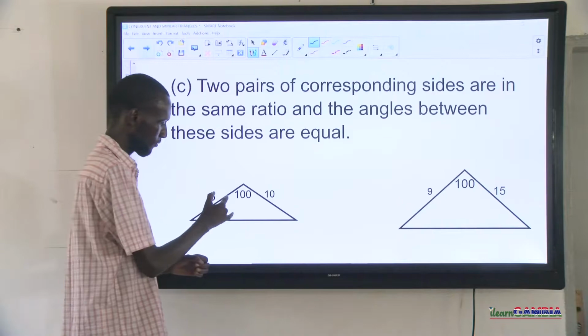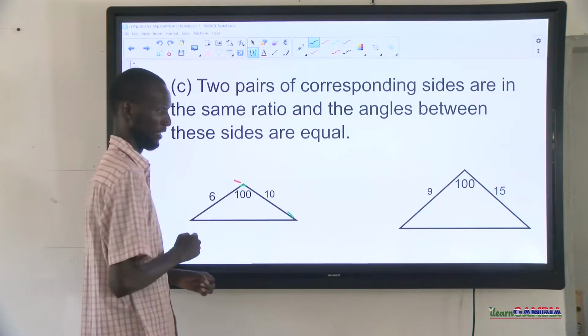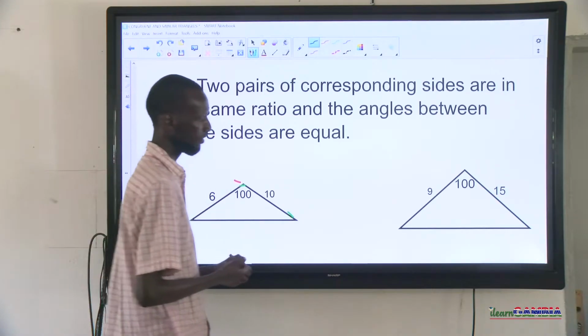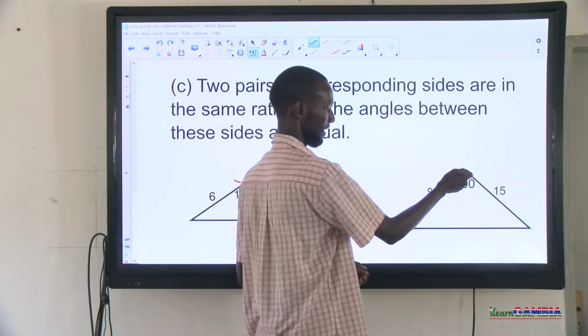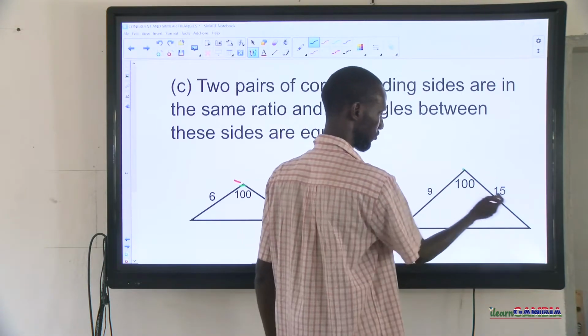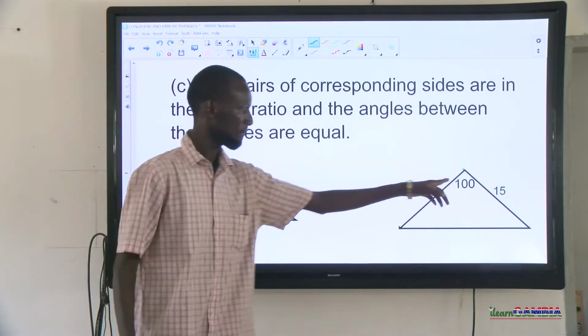Now, let's compare these 2 triangles here. This side here is 6 centimeters, this is 10, all right? And the angle between those 2 sides is 100 degrees. Then the second triangle, this side here is 9 centimeters, the second side here is 15. And again, the angle between those 2 sides is 100 degrees. So the angles between them are the same.